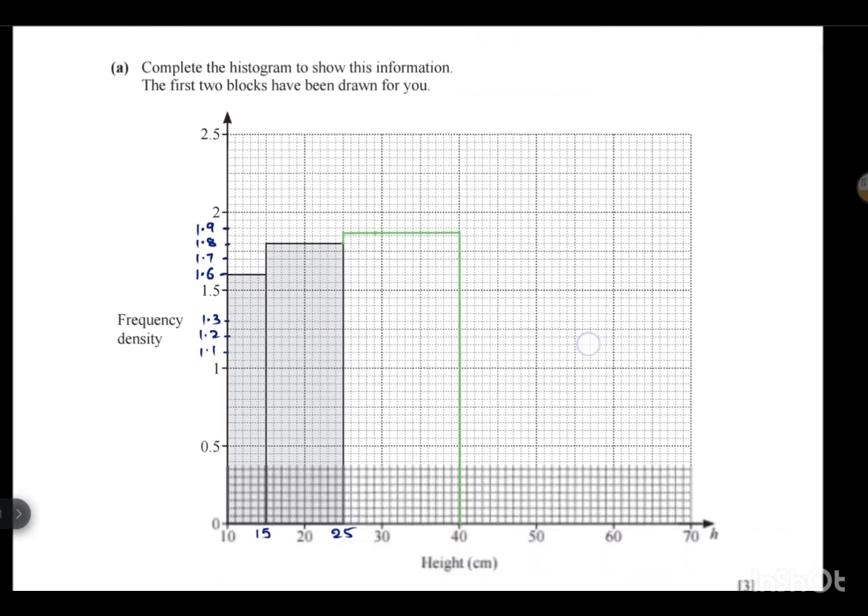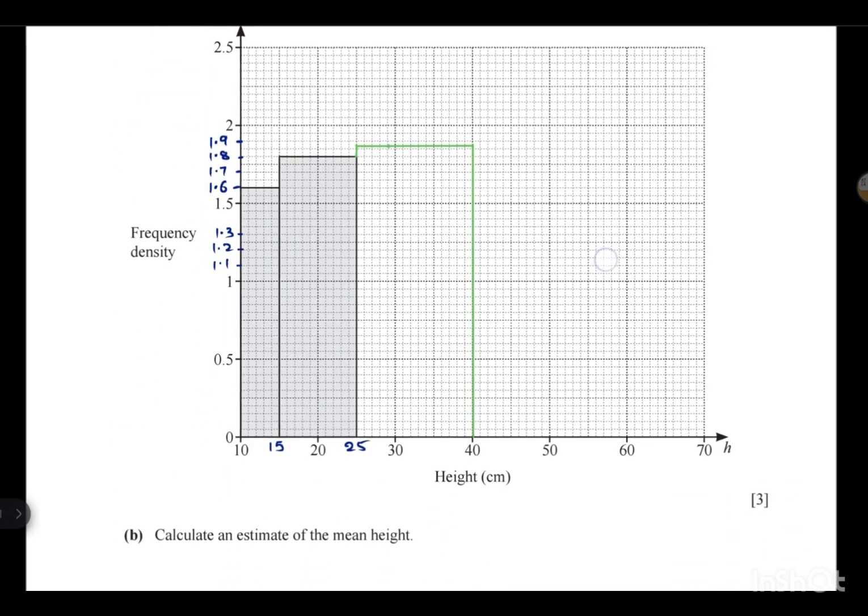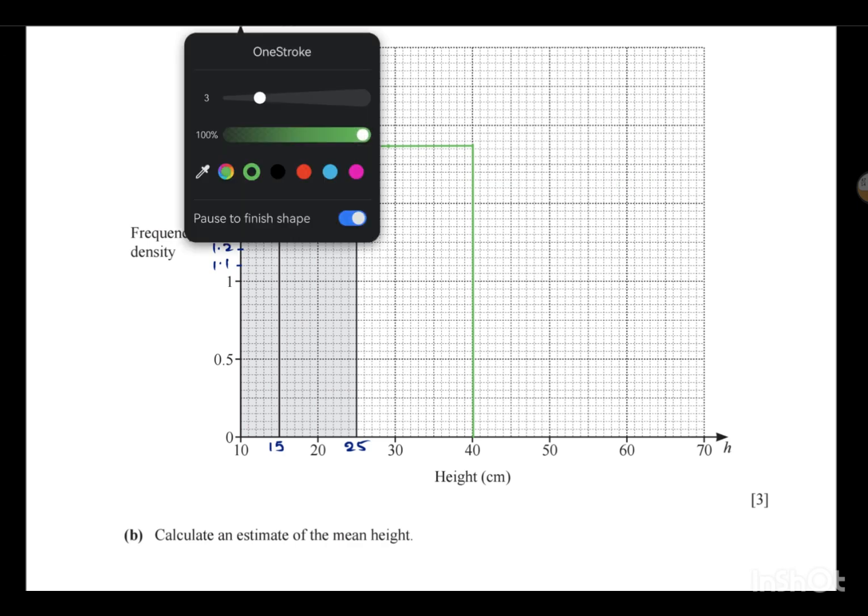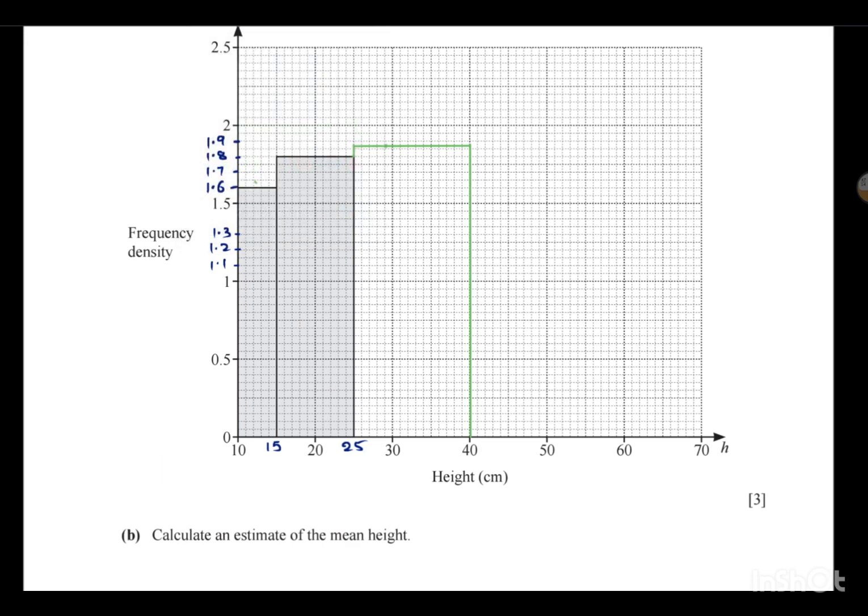Then 40 to 60 is 1.65. 1.65 is exactly in between 1.6 and 1.7. So here, till 60 only. Let me draw once again. 1.65 will be in between, yes, until here.